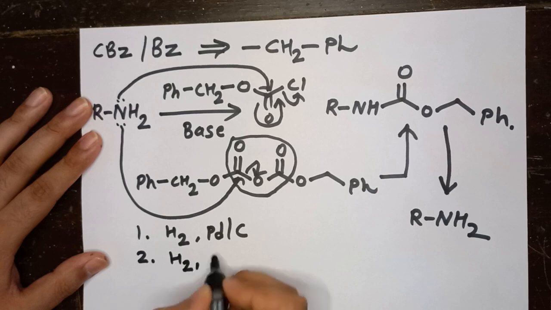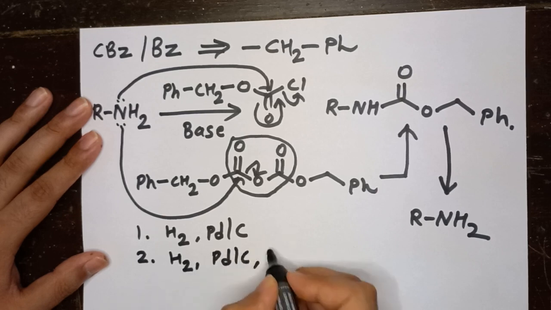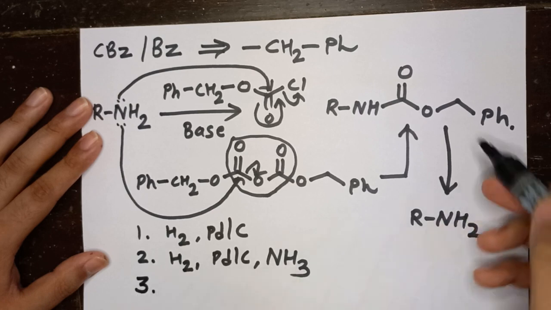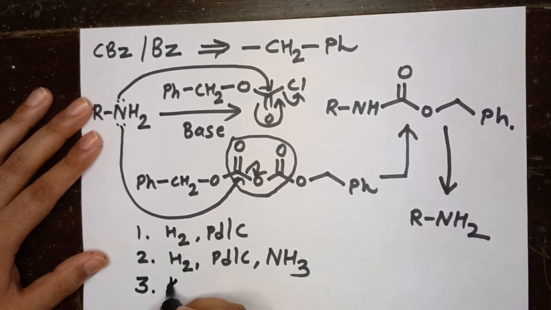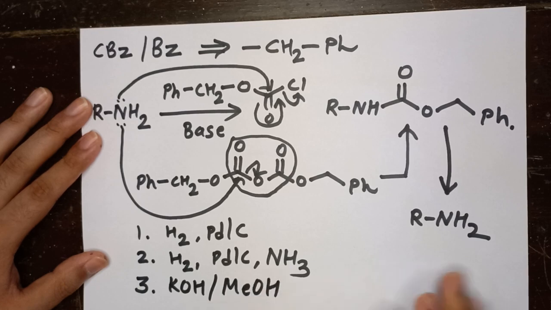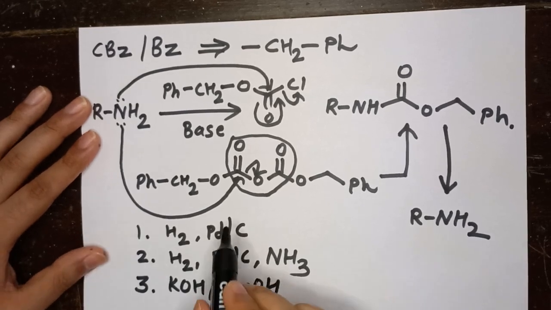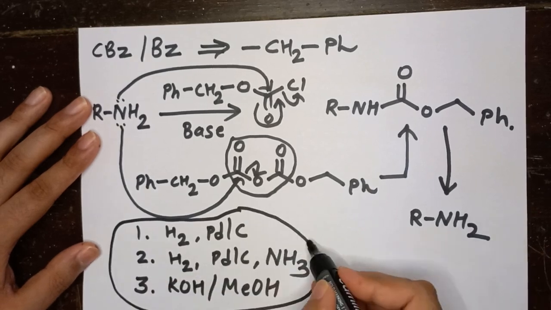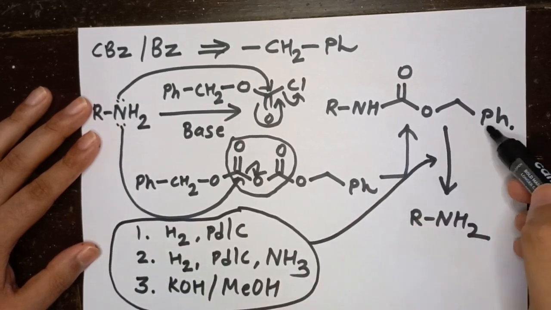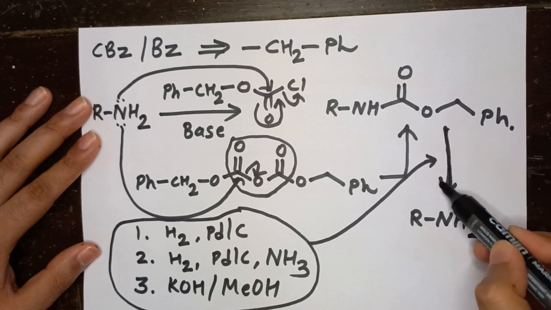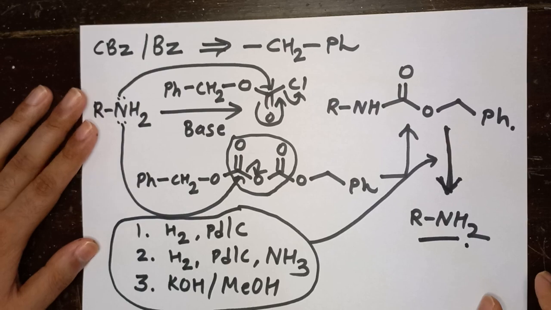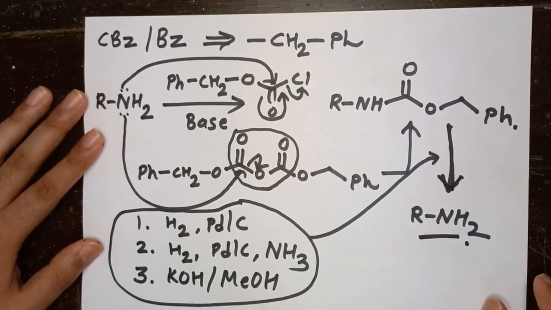You can also use hydrogen, palladium on carbon with ammonia, or you can also deprotect your Cbz group using KOH, basically a strong base condition. So these 3 reagents can be used to deprotect your Cbz protected amine into the corresponding amine group. So what is the mechanism?